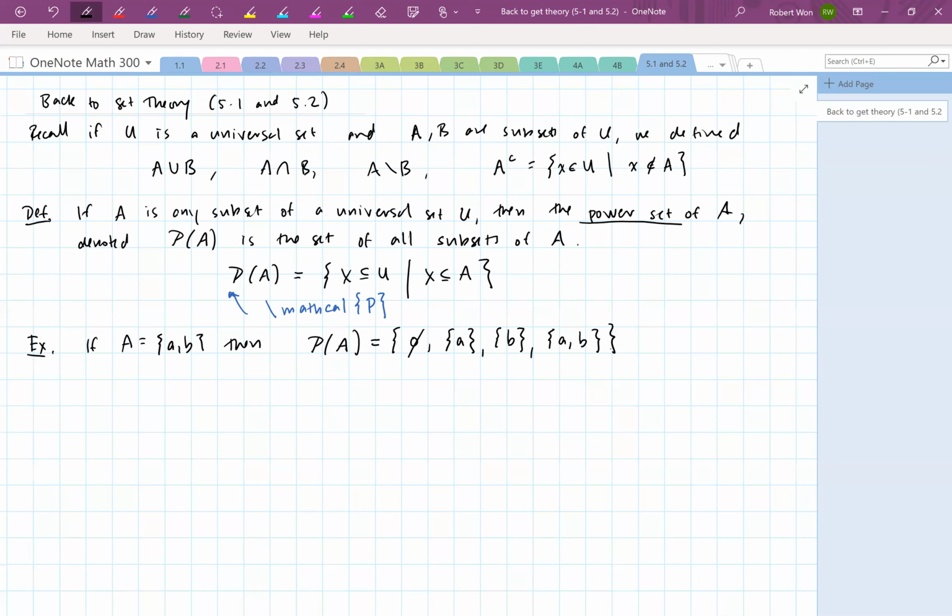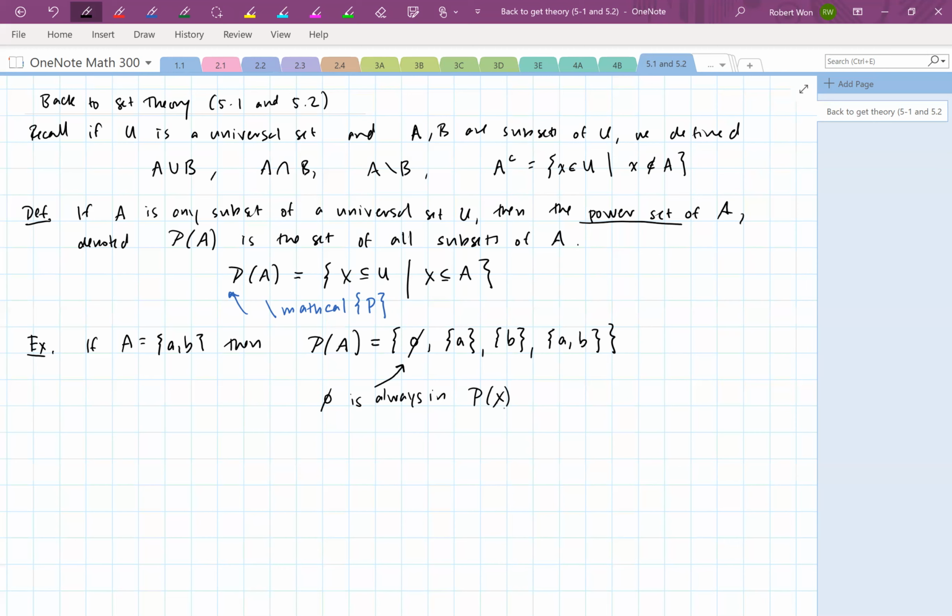Also note that, right, the power set consists of all possible subsets of A. So one thing that's always going to be in the power set is the empty set. So the empty set is always in the power set of a set, no matter what the set is.